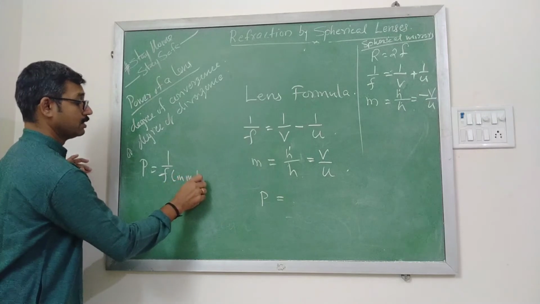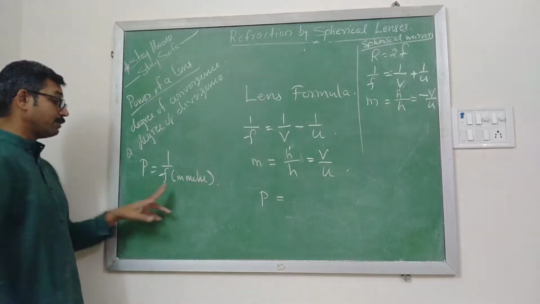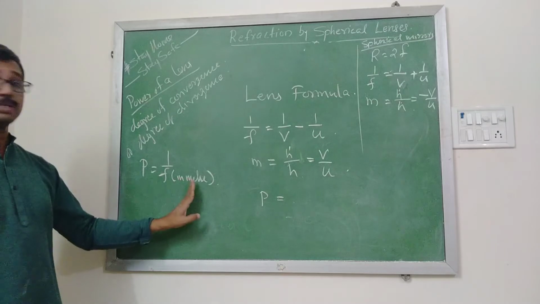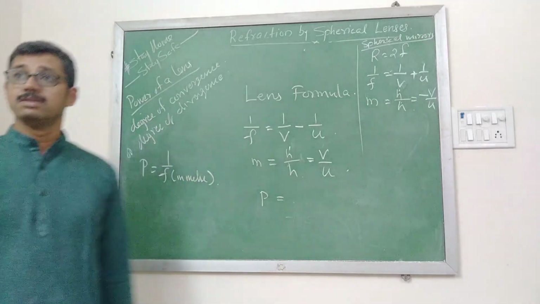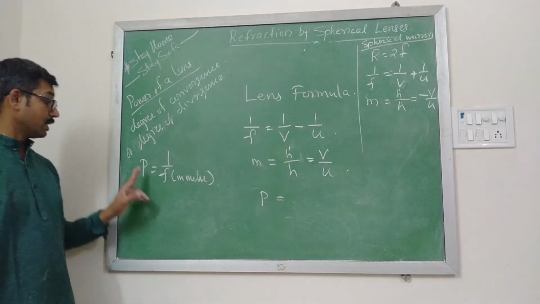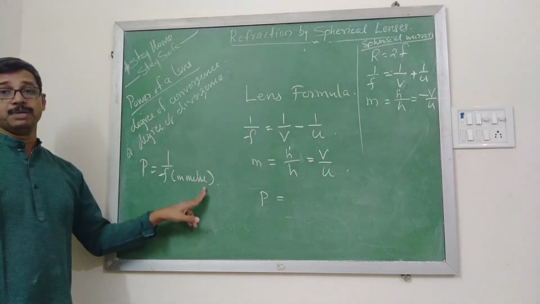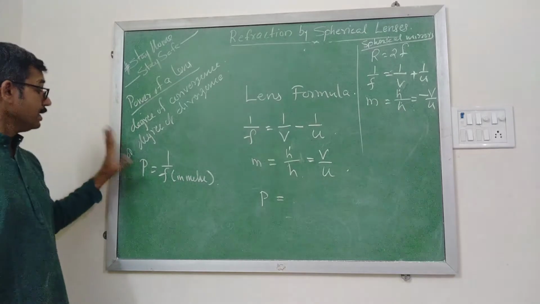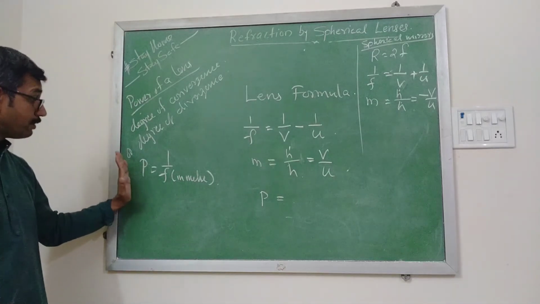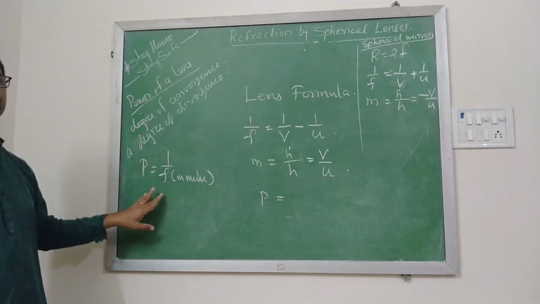Very important: f must be in meter. Focal length must be represented in meter. That is P is equal to 1 upon f. So power is equal to 1 upon f.